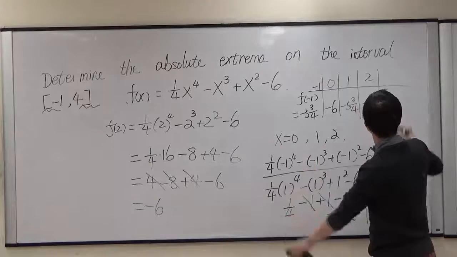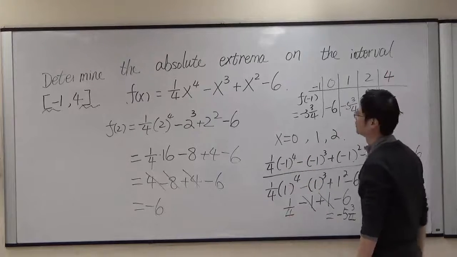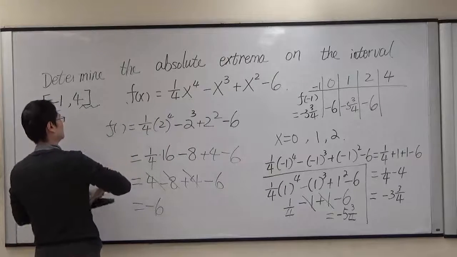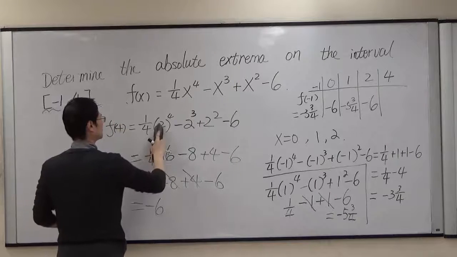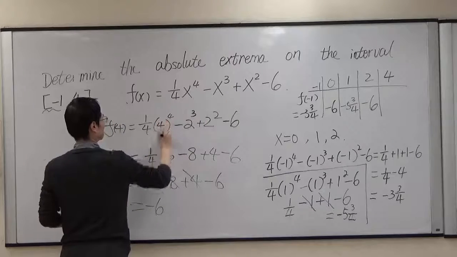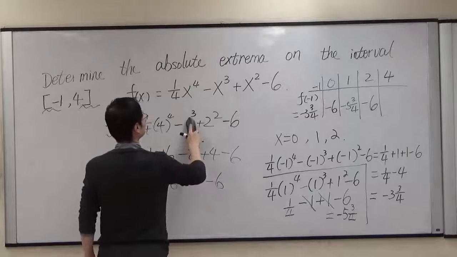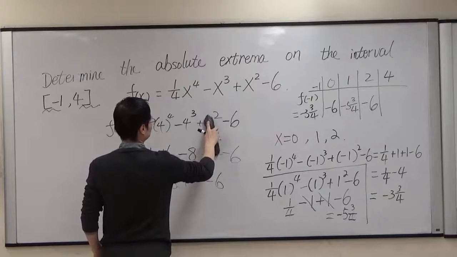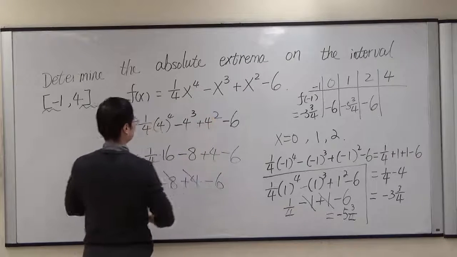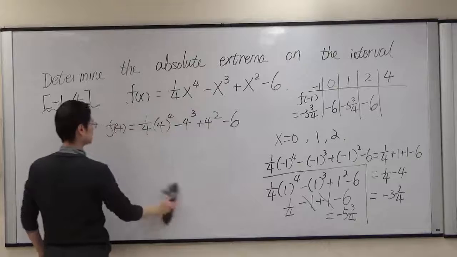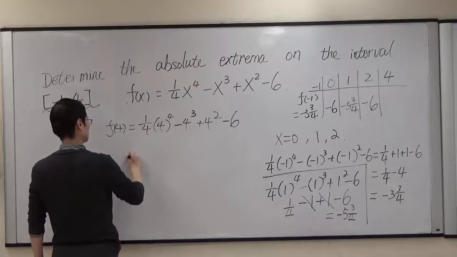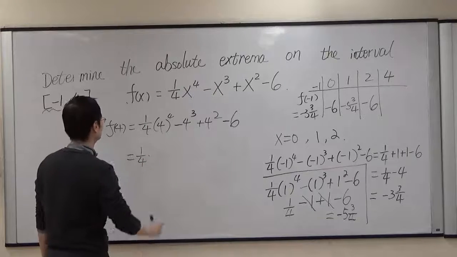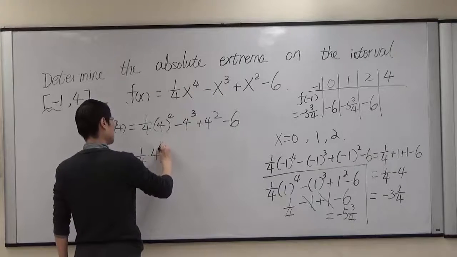Okay, so our ending point is 4. We also plug it back into the equation here. So it's 1 over 4 times 4 to the 4th power.